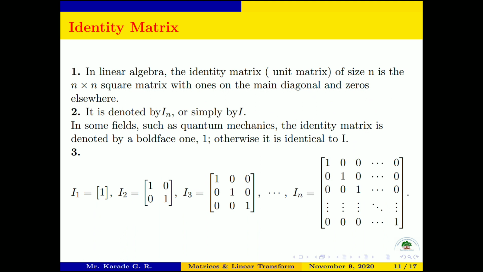In this way we can write an identity matrix of order n having n rows and n columns. Just put ones on the main diagonal entries and zeros at the off diagonal entries. That will be your identity matrix of order n by n.